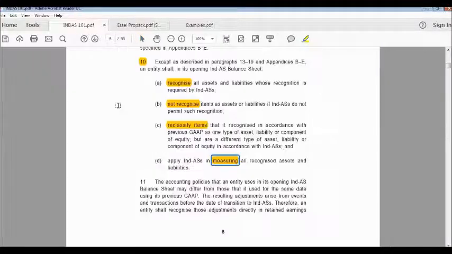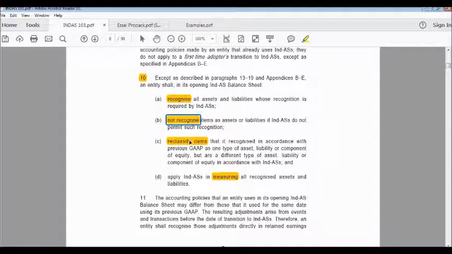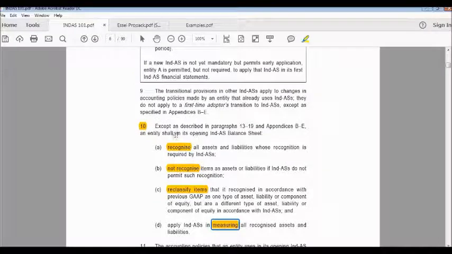So this paragraph number 10 is saying that at the time of preparing the opening Ind AS balance sheet, you have to recognize all assets, not recognize assets which Ind AS says not to recognize, reclassify items, and then measure all recognized assets and liabilities as per Ind AS, but except as described in paragraphs 13 to 19 and appendices B to E. So there are certain exemptions or exceptions, like Ind AS says you recognize that asset, but paragraphs 13 to 19 or appendices B to E say something different.